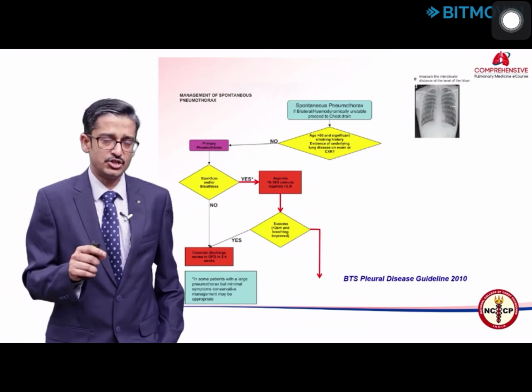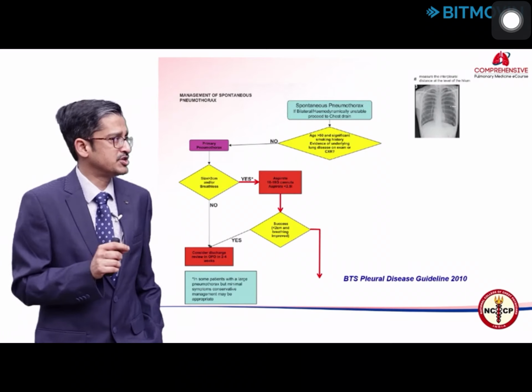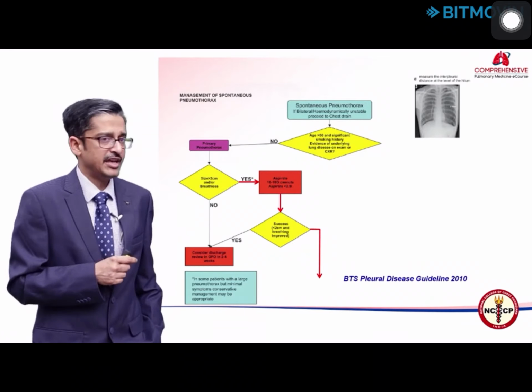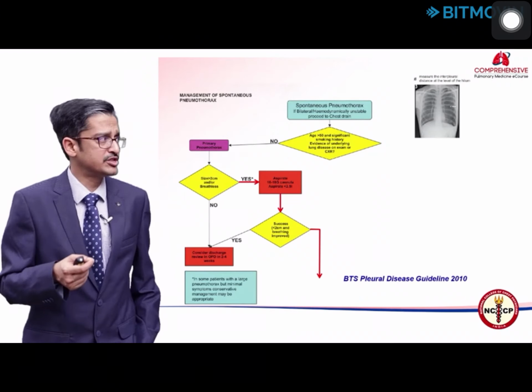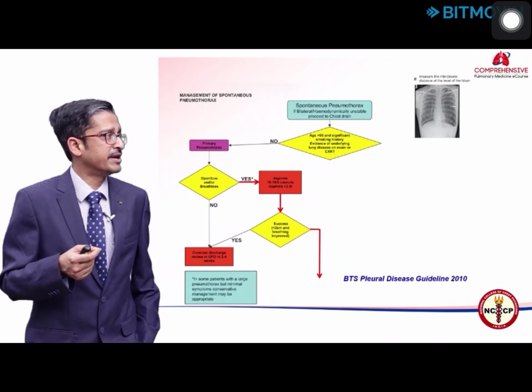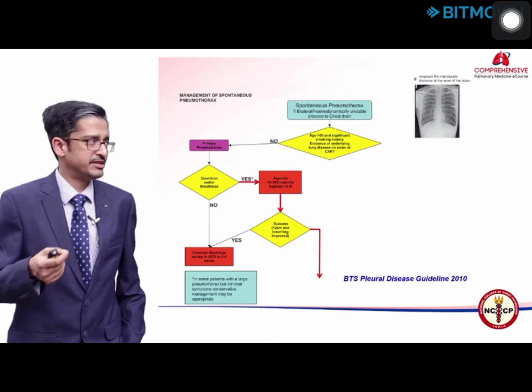In all other patients, you consider the circumstances. So if your patient is aged more than 50, if he has a significant smoking history, and if there's evidence of underlying lung disease on examination or X-ray, then you would think about putting a drain in.